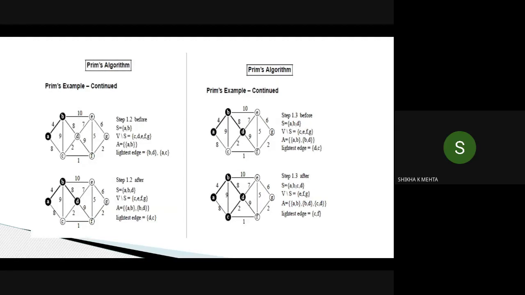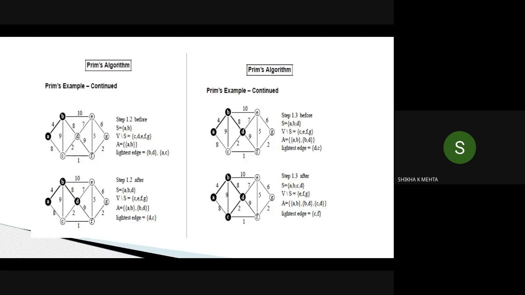Out of these, we see BD and AC are both having the same weight. AC and BD are the lightest edges.